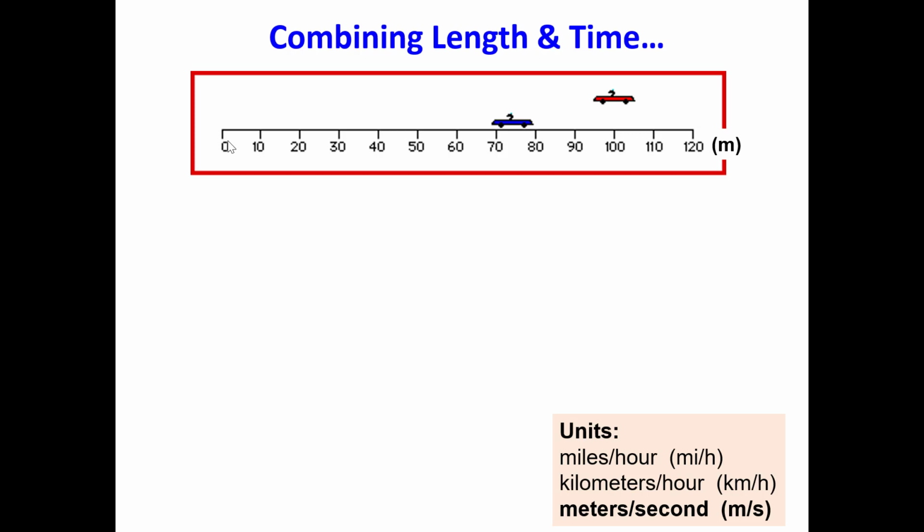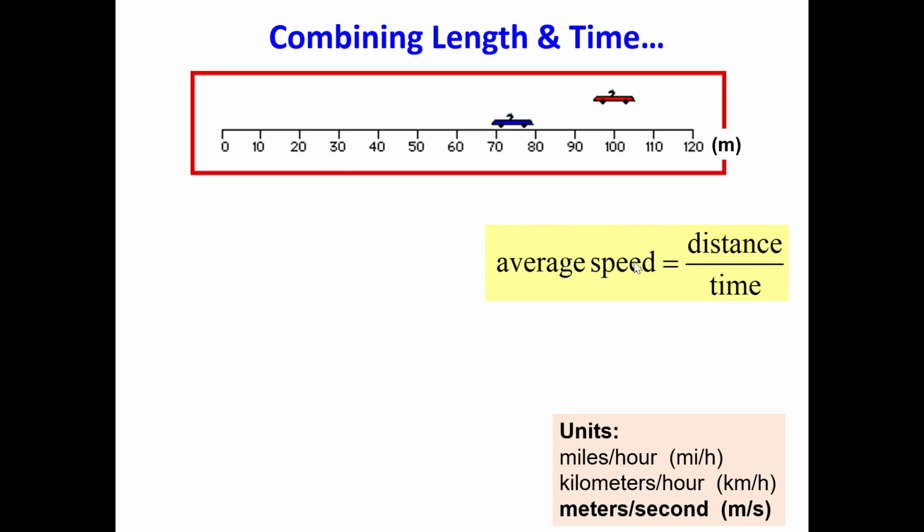It was faster because it moved more distance in the same time, but the blue car moved less distance in the same time. When we talk about how fast something is, we are talking about the relation between distance and time. And this new variable, in which we correlate length and time, or distance and time, is called average speed.